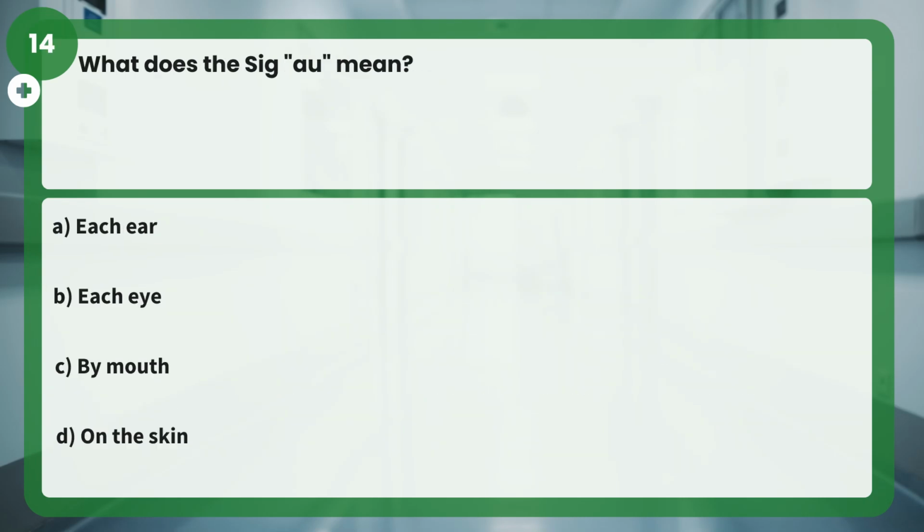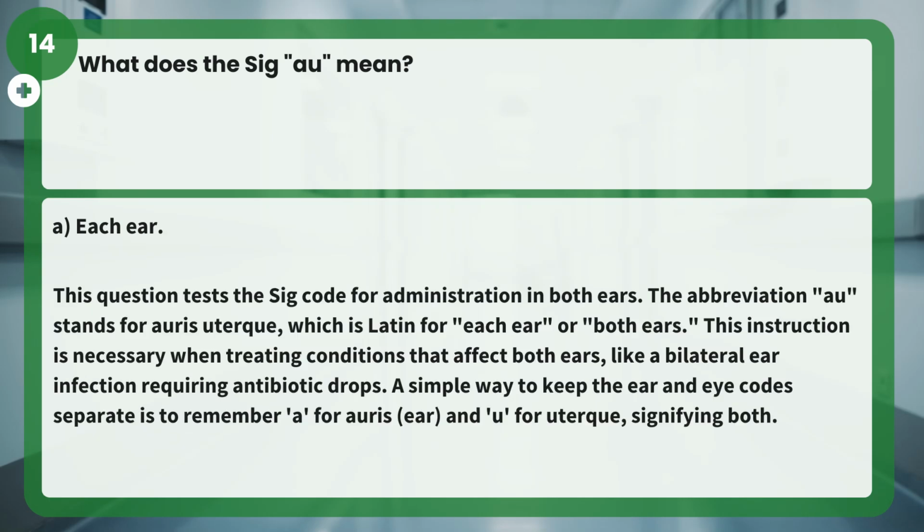Question 14. What does the SIG AU mean? A. Each ear. B. Each eye. C. By mouth. D. On the skin. Answer: A. Each ear. This question tests the SIG code for administration in both ears.